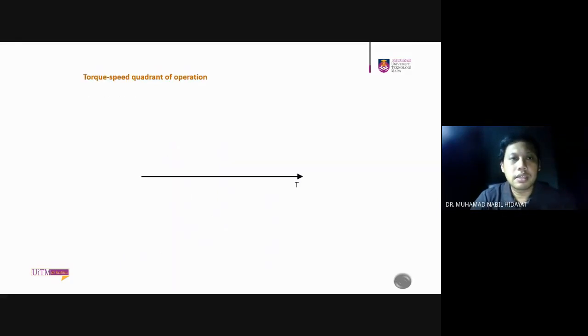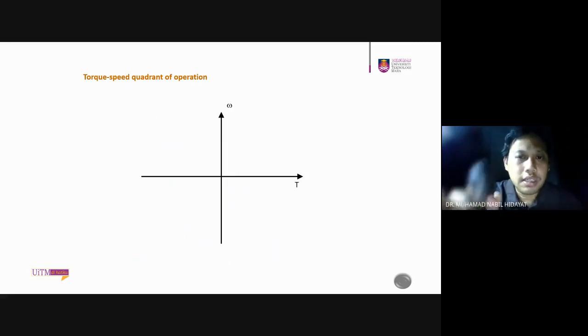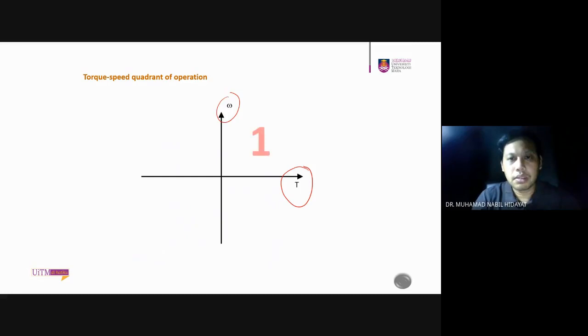And next we look into the torque-speed quadrant operation. For our last lecture, we swapped the y-axis. As I mentioned before, different textbooks have different explanations of the four-quadrant torque-speed operation. In this case, the y-axis is speed omega, and the x-axis is torque. So you have quadrants 1, 2, 3, 4.